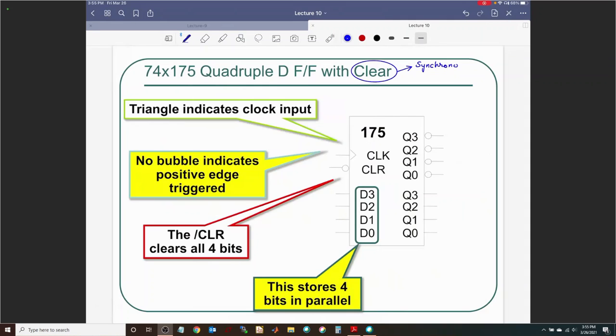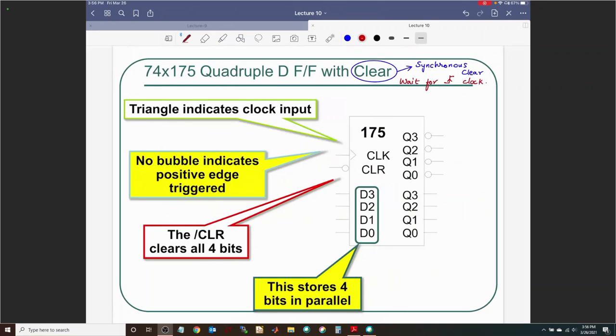The data sheet of this chip tells you that it has to wait for the active edge, the positive edge of the clock. So it is not going to clear the register contents until you see the positive edge of the clock.